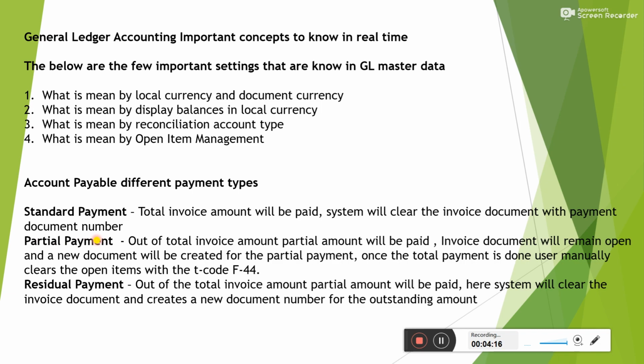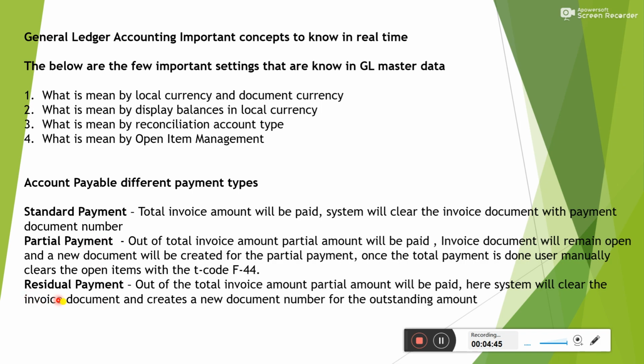For the 60,000 partial payment, the system will generate a new KZ document number. Once we complete the full payment of 1 lakh rupees, let's say I post one more partial payment document for 40,000 rupees. The system will create one more payment document number. After that, I need to clear the 3 line items manually with F-44.